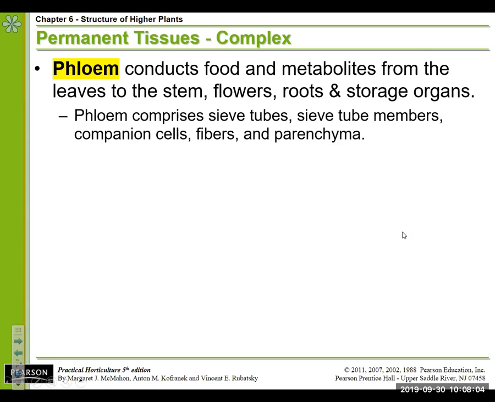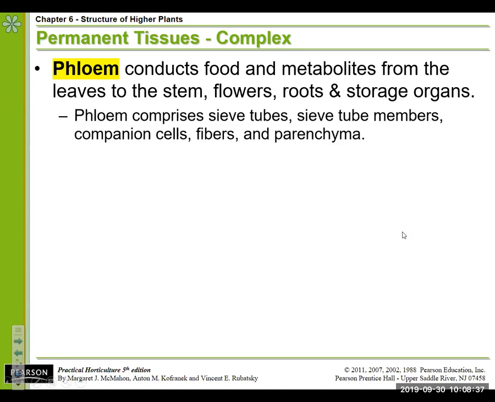So we generally think of phloem as moving downward because it is where we're moving the metabolites that are produced in the leaves and the chlorophyll and moving them to the other parts of the plant. For instance, we need molecules that are produced in photosynthesis to create more roots. So they're moving that energy down. But the phloem can also move energy from old leaf cells to new leaf cells. So it moves a little bit in both ways.